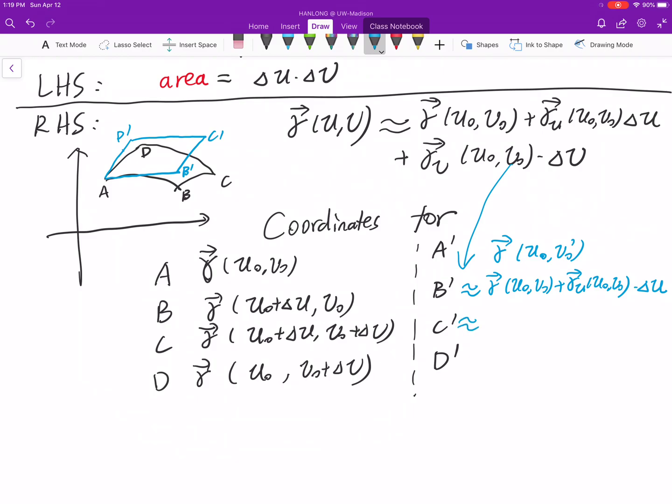And similarly C prime, let's do D prime first. D prime is gamma(u0, v0) plus gamma_v times dv, because you don't have a du term. And then C prime will be just like this one.